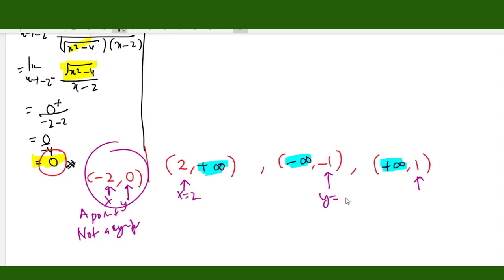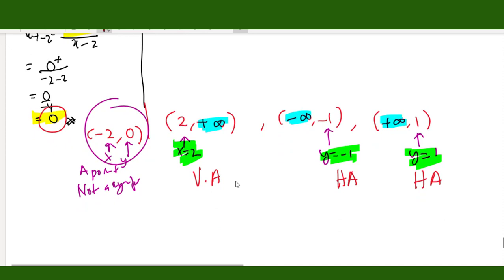When there is one value and one infinity sign, we can consider that an asymptote. So this is a vertical asymptote, and these are horizontal asymptotes.